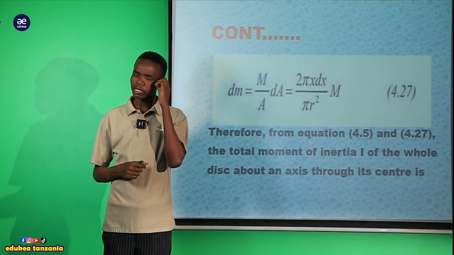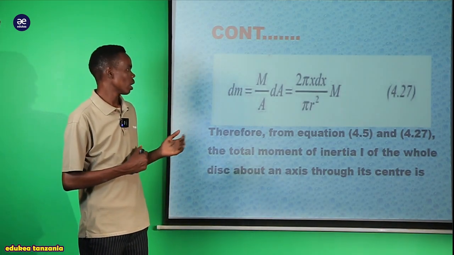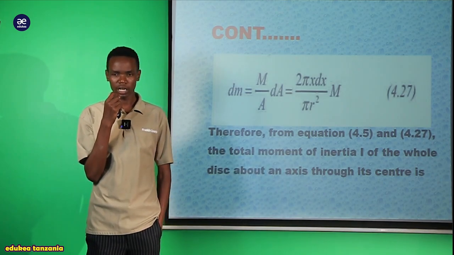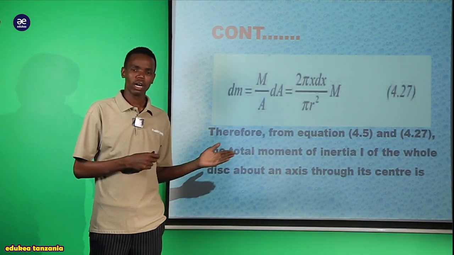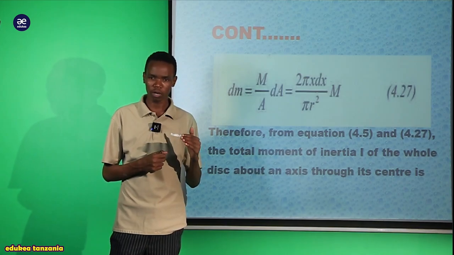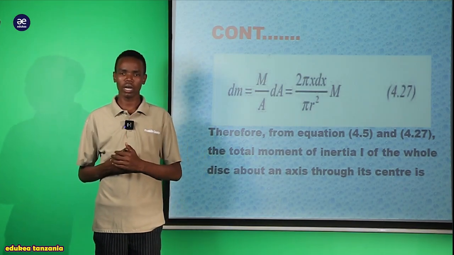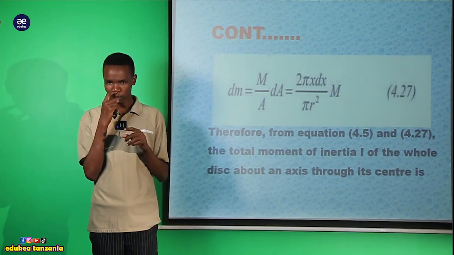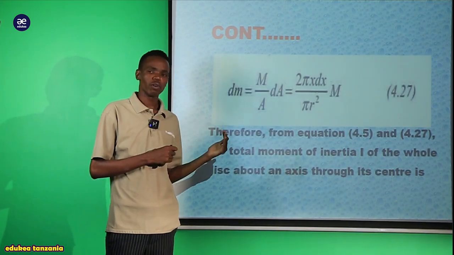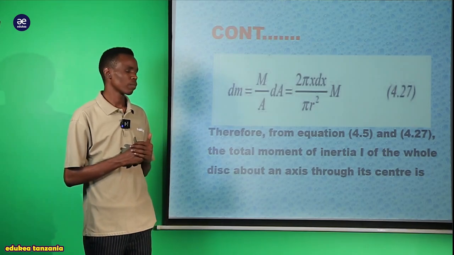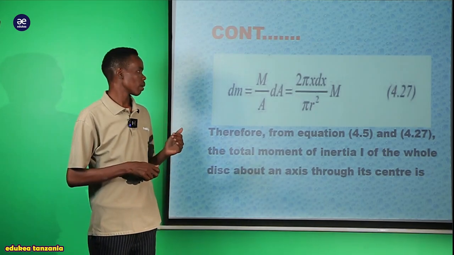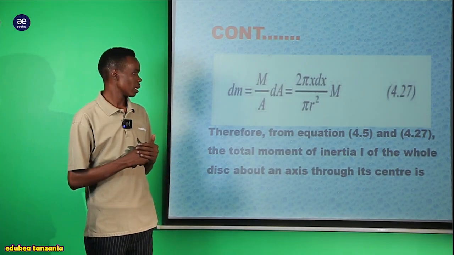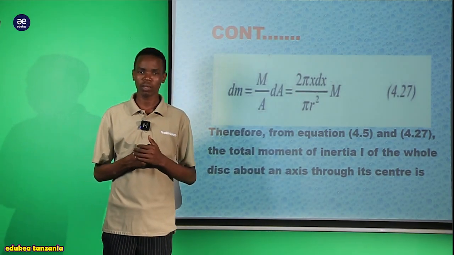Now we should represent our equation number 26 by making dm the subject. Initially we were having the formula of obtaining dm over dA equals to m divided by A. Now we are supposed to make dm the subject, the small change of the mass. If we make it the subject here, we should obtain that dm must be equal to m divided by A, then we multiply it by dA.